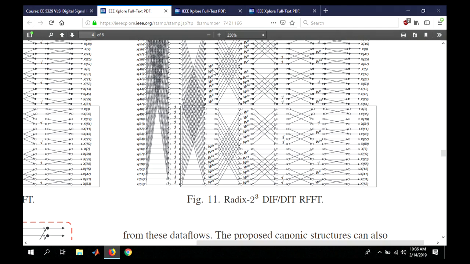Those can be implemented by so-called canonic sign digit, which I haven't taught yet, but that's in chapter 13 in the book, and many implementations in digital filters and modems make use of canonic sign digit.